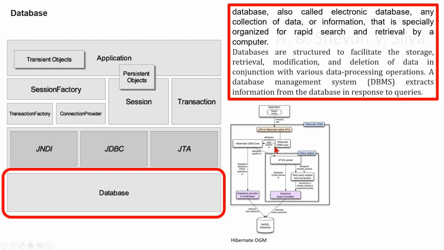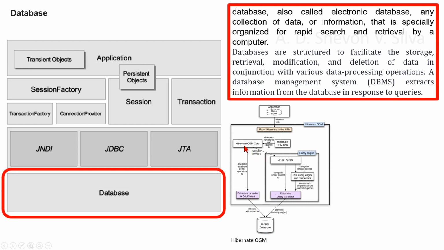It delegates persistence load queries to Hibernate OGM core. Hibernate OGM core delegates data store CRUD operations to the data store provider and grid dialect. Data store provider and grid dialect interact with the data store, here the NoSQL data store.